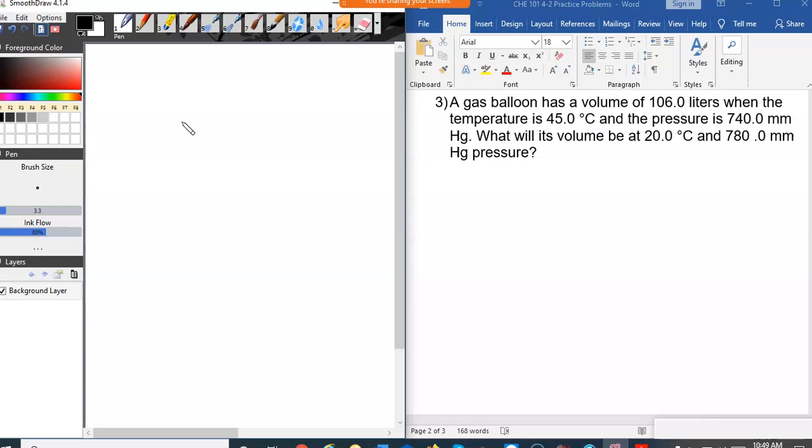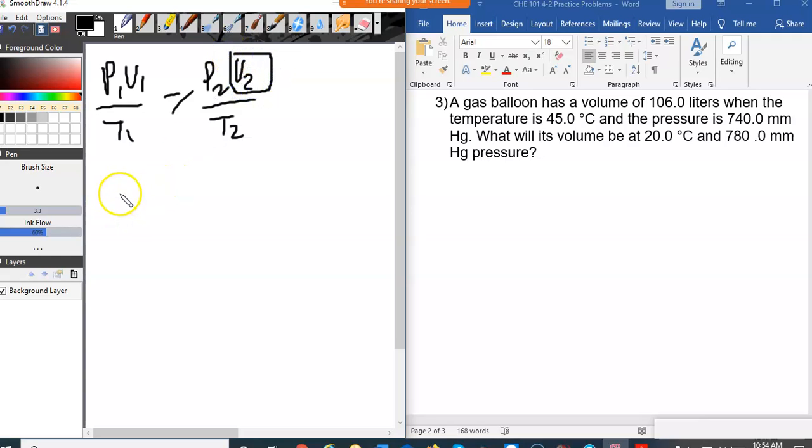All right, so let's do number 3, and in this one, notice you have volume, temperature, and pressure. So you're going to have P1 V1 over T1 equals P2 V2 over T2. And what is the volume? So again, we're looking for this.